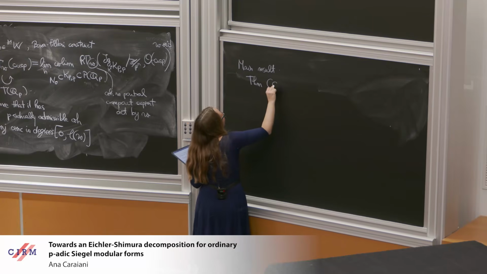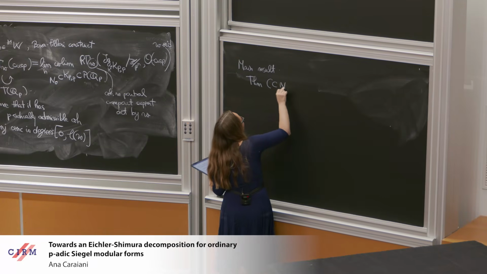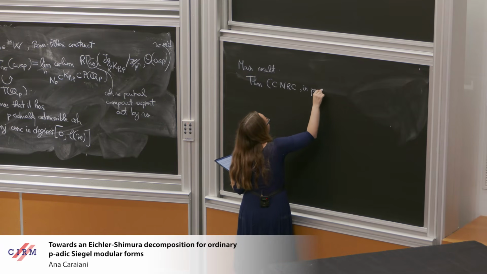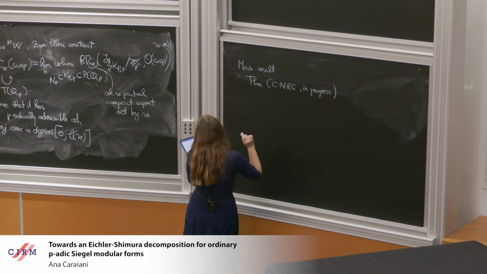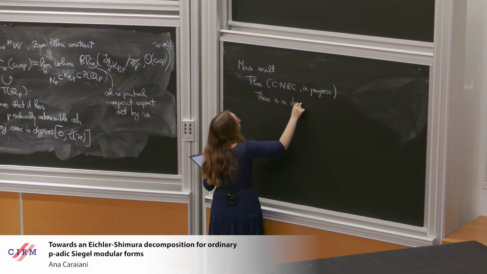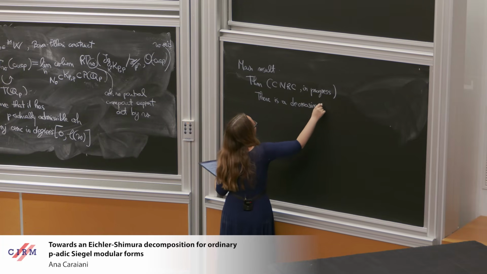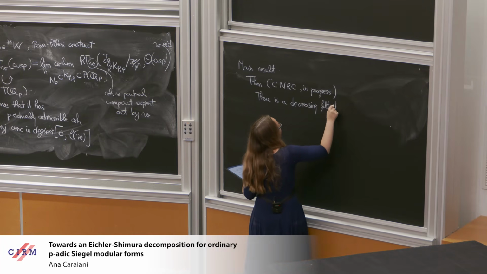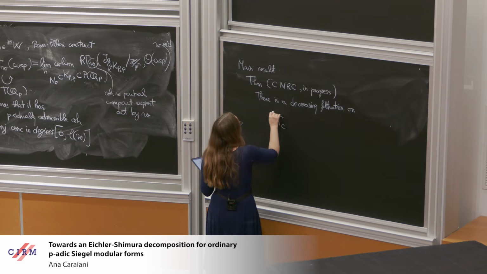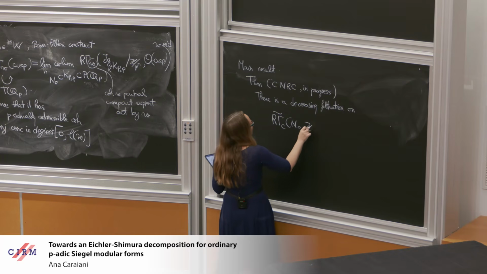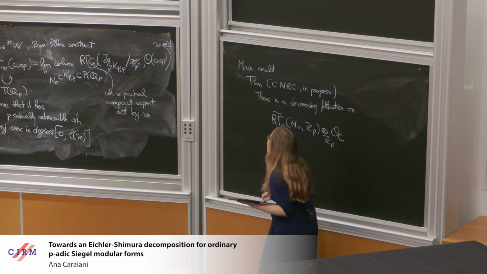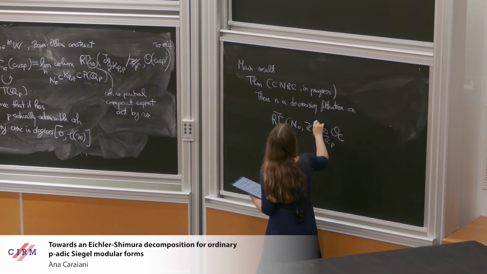So this is a theorem, as I said, in progress and joint with James Newton and Juan Esteban Rodriguez Camargo. There is a decreasing filtration on, so I take my ordinary completed cohomology, I extend scalars by tensoring with the ring of integers in C, and this is the ordinary one.